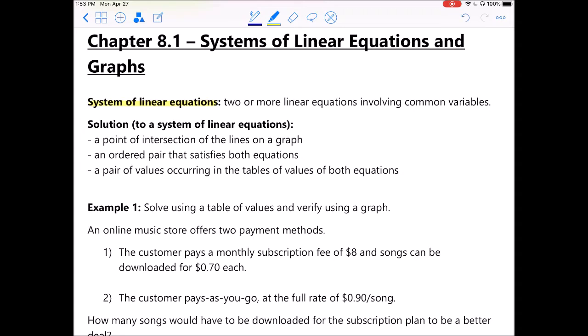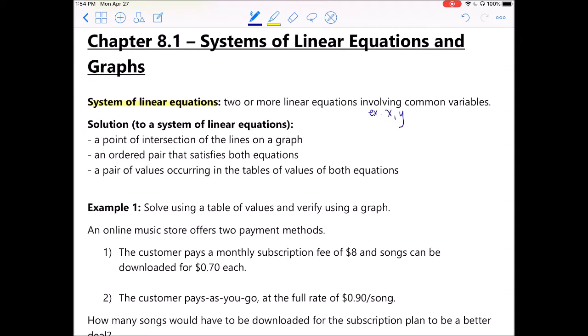A system of linear equations refers to two or more linear equations involving common variables, such as x and y. Those are two common variables.